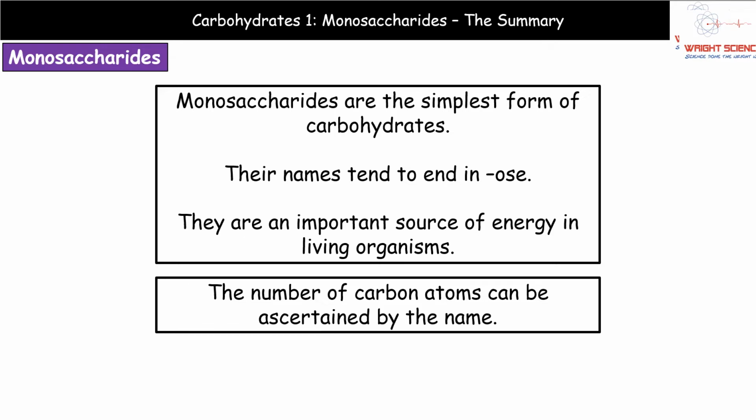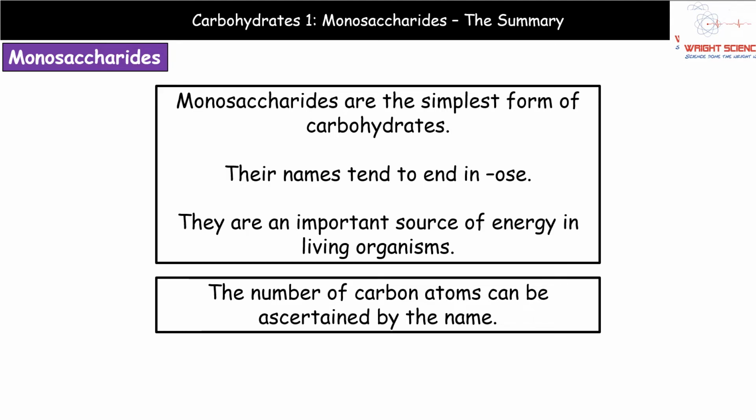In terms of that major use that we mentioned earlier, this important source of energy, these monosaccharides are going to be one of the things we spend quite a lot of time focusing on when we come to the respiration part. We will look in detail at how we actually take our glucose molecule and convert it into quite significant amounts of ATP.